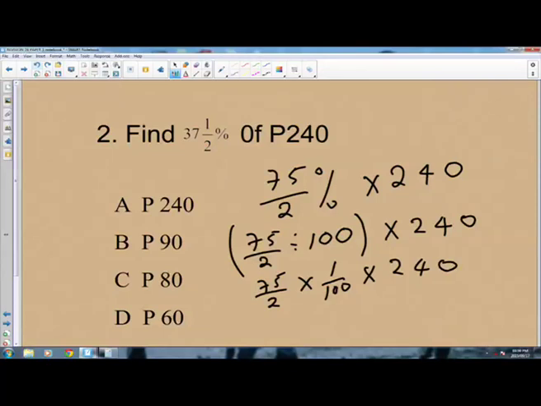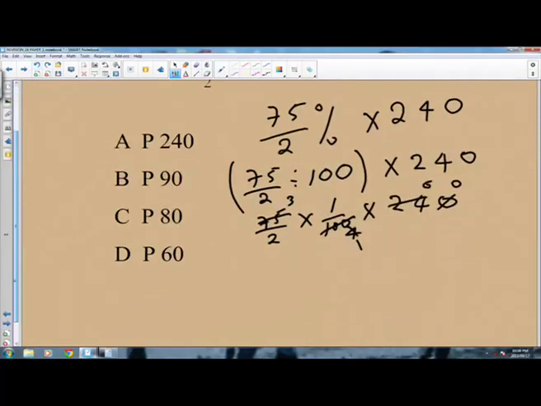So 25 into 75 is 3. 25 into 100 is 4. And then 4 into 4 is 1. 4 into 24 is 6. Into 0 is 0. So what do we have now?